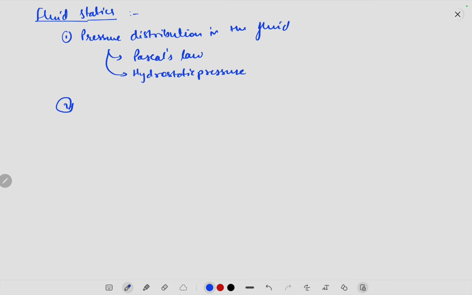Next, we'll study the force on the submerged bodies because of the fluid. So let's start by studying Pascal's law first.